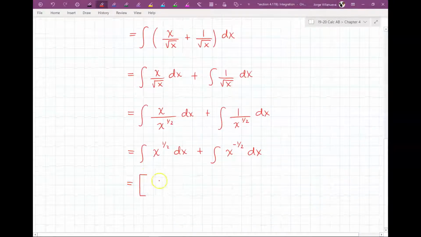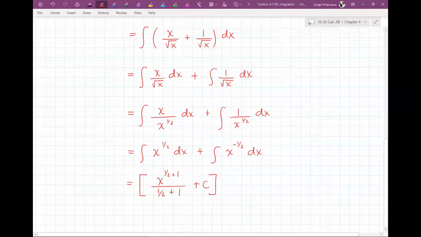For the first one, it's x to the half plus 1 over half plus 1 plus c. Plus the next one, x to the negative half plus 1 over negative half plus 1 plus c.